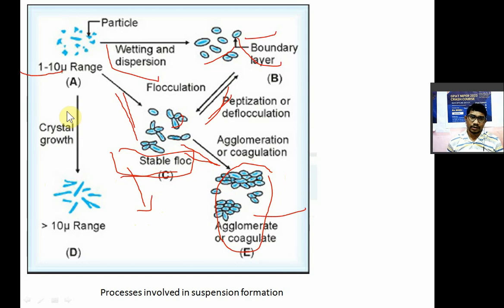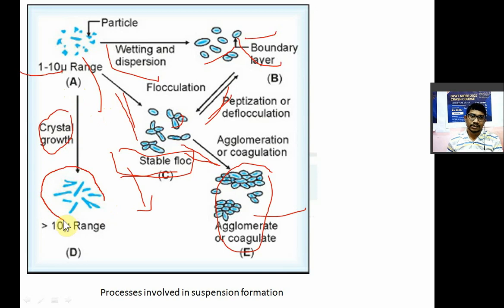And crystal growth. Okay, crystal growth means what? So these particles in the suspension, upon the storage due to temperature change, due to microbial growth, there is an increase in the size of these particles.